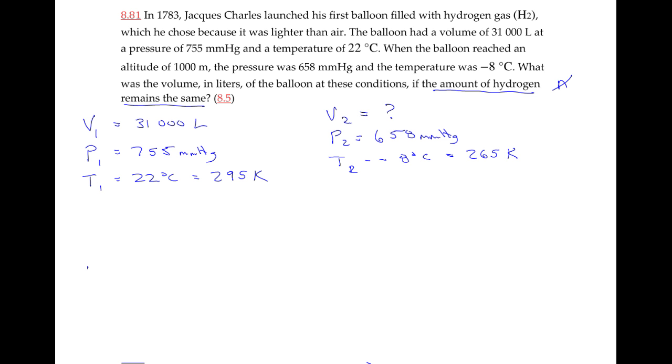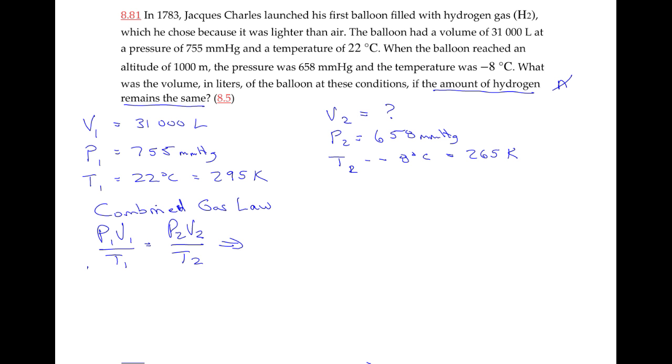So hopefully you can identify this problem as one where we have to use the combined gas law. The combined gas law is P1 times V1 over T1 is equal to P2 times V2 over T2. And in this case, we're solving for V2.